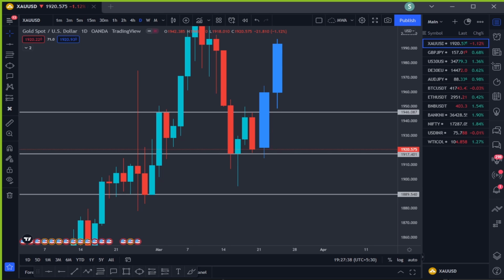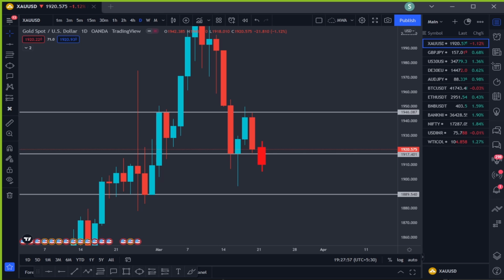But if that doesn't happen, and the price gives us a break and close below, suppose the price gives us a break and close below the support level, right?